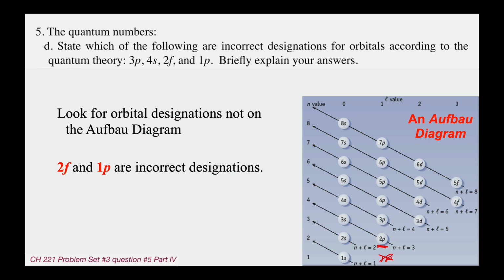If it's not on the Aufbau diagram, then it's an incorrect designation for an orbital. And you can see up here, the first F is a 4f, so 2f would be right there, and that's not going to happen either. So you can use an Aufbau diagram, and you can build this yourself or use the one in the table, either way, and that's fantastic. You can also read the periodic table to see what's happening too.